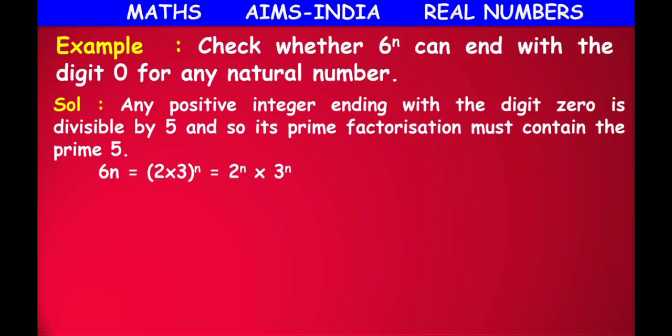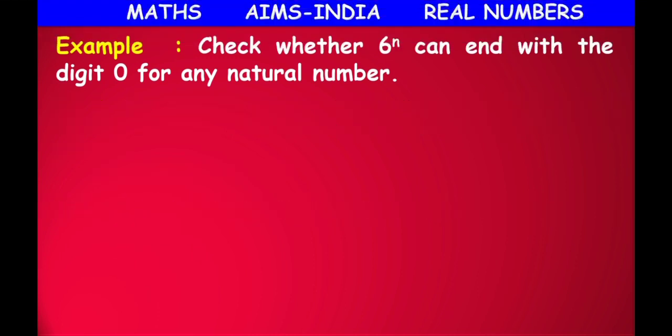Okay, children, let's see some examples regarding this fundamental theorem of arithmetic. So the question is: check whether 6 power n can end with the digit 0 for any natural number. So what is the question, children? The given number is 6 power n.